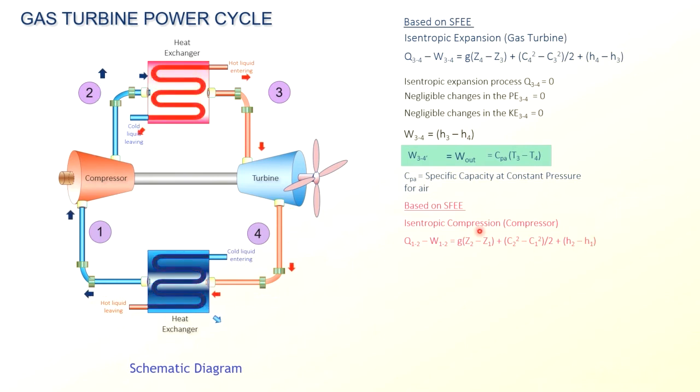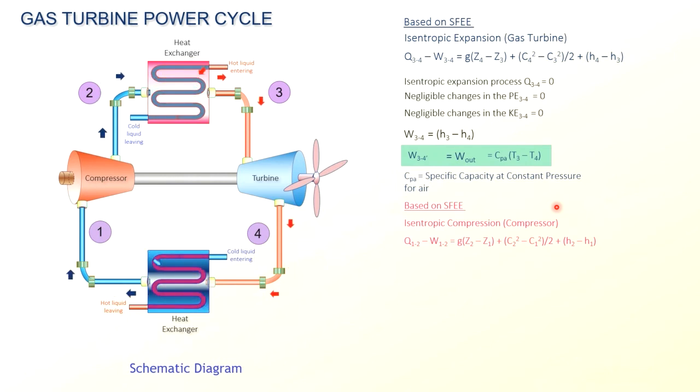enthalpy change. For the compressor, the specific potential energy and specific kinetic energy are again neglected. If you refer back to steady flow devices, usually the compressor and turbine, we neglect the specific change in potential and kinetic energy.